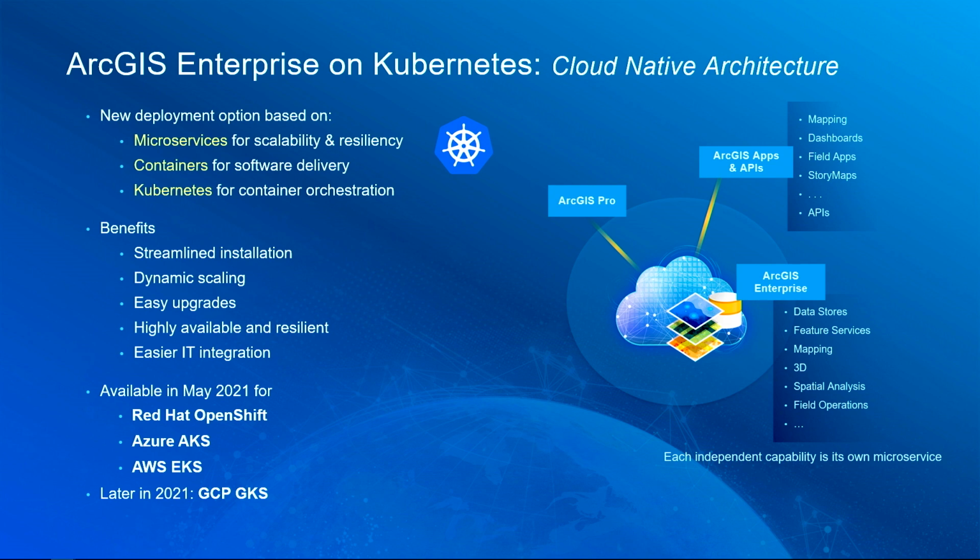Its benefits are streamlined installation, dynamic scaling, easy upgrades that minimize downtime, higher resiliency, and easy integration. It will be available in May for Red Hat OpenShift, as well as for Azure AKS and AWS EKS. Later in the year, it will be available for the Google Cloud Platform.